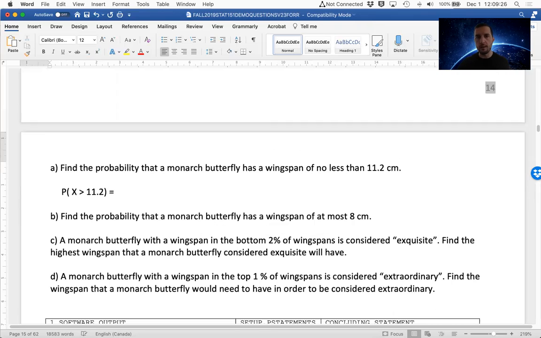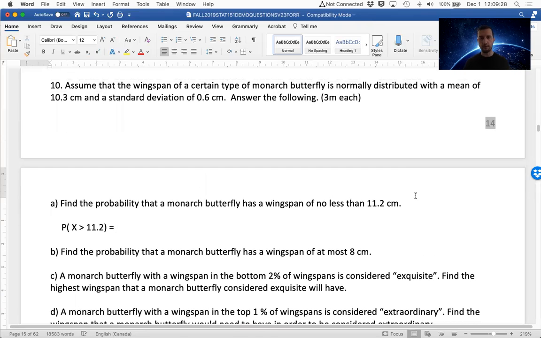It's a normally distributed random variable. So now what we have to do is convert this to a Z-score. Z is greater than (X minus mu) divided by sigma. So this is the probability Z greater than (11.2 minus 10.3) divided by 0.6.